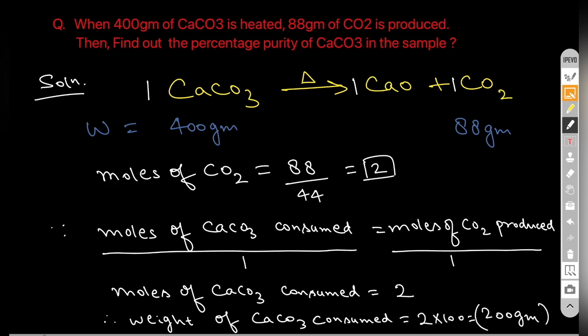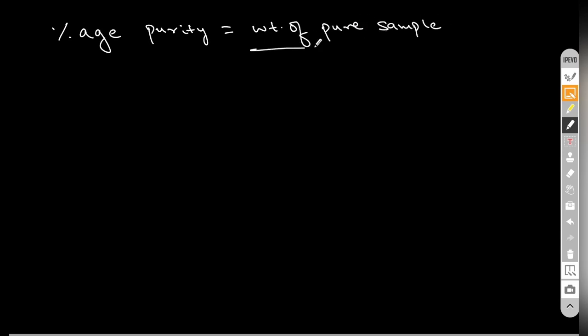We have to find percentage purity for CaCO3, right? So we'll write that percentage purity is equal to weight of pure sample divided by total weight of sample, which is basically the impure one, multiplied by 100.